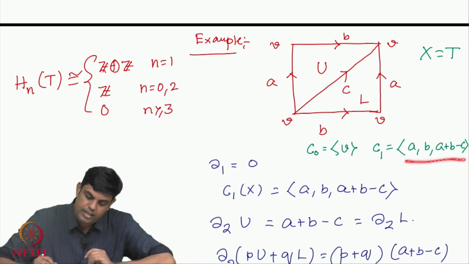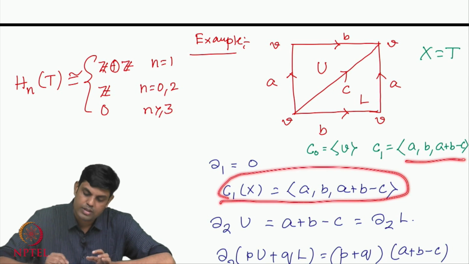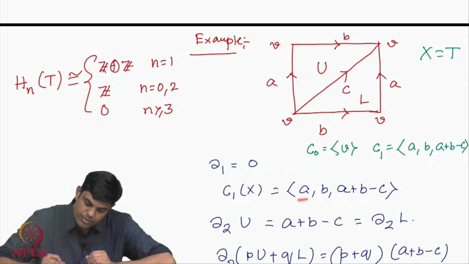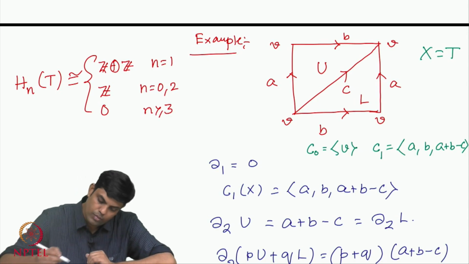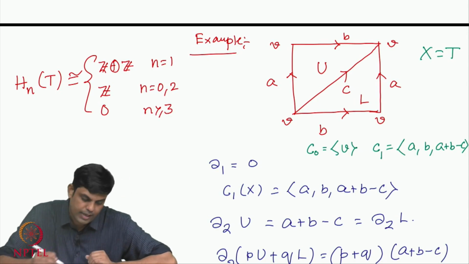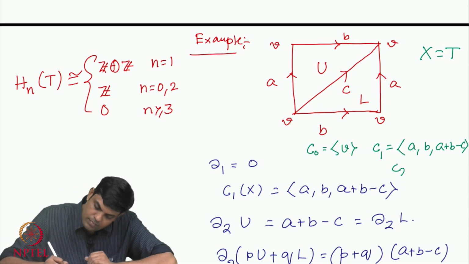So, these 3 generate C1 of x. So, this is 3 copies of Z, with these as the basis elements. Okay. How about C2 of x? C2 of x is generated by two elements U and L.